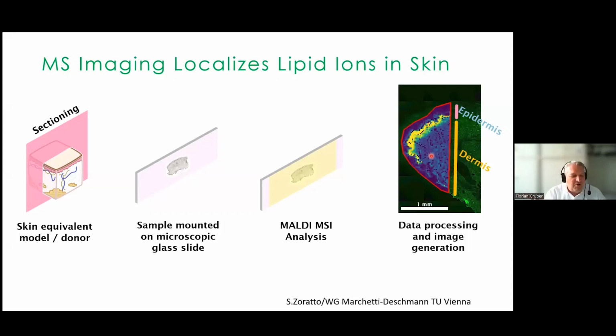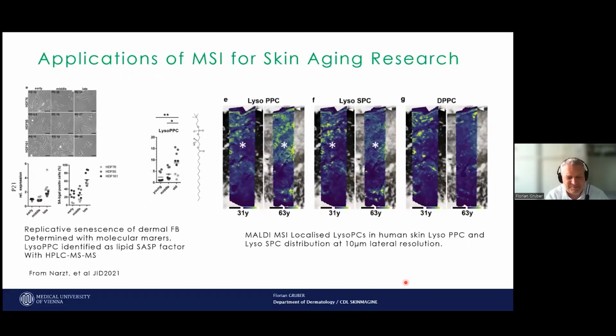Although this prospect is exciting, there are some limitations, because as you can see here, the lateral resolution is currently only about 10 micrometers. So each of these pixels is 10 micrometer square, and going down to cellular resolution is happening, but of course that's only evolving at the moment.